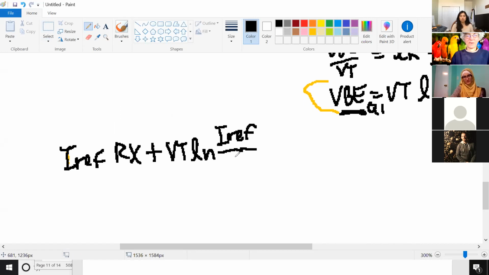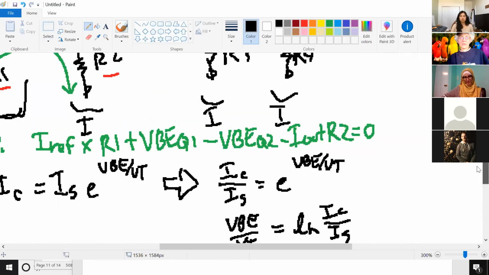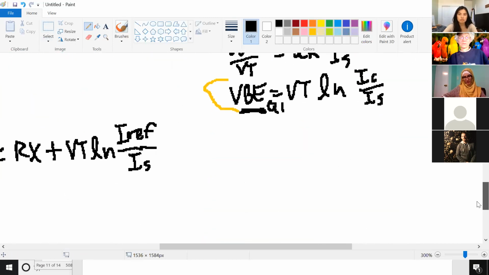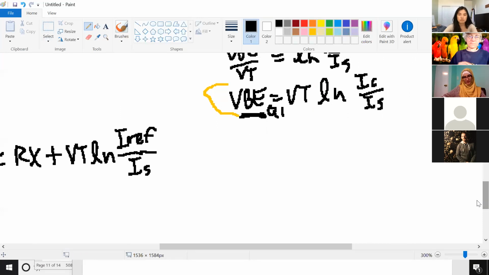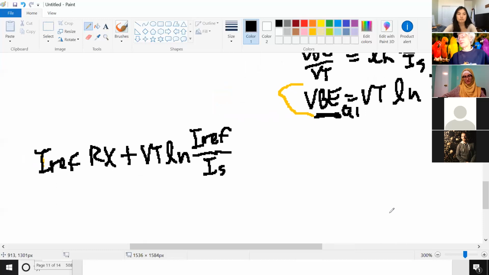IREF over IS. Now you have to go down VBE of Q2. So let's go down VBE of Q2. And on that side too, you have R2 that's messing with the emitter voltage, which is super sensitive.